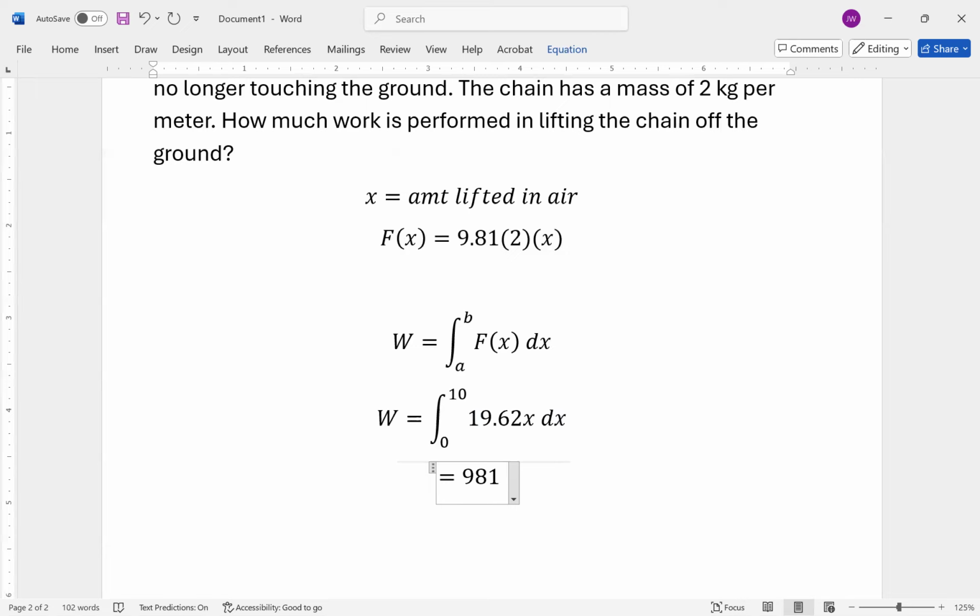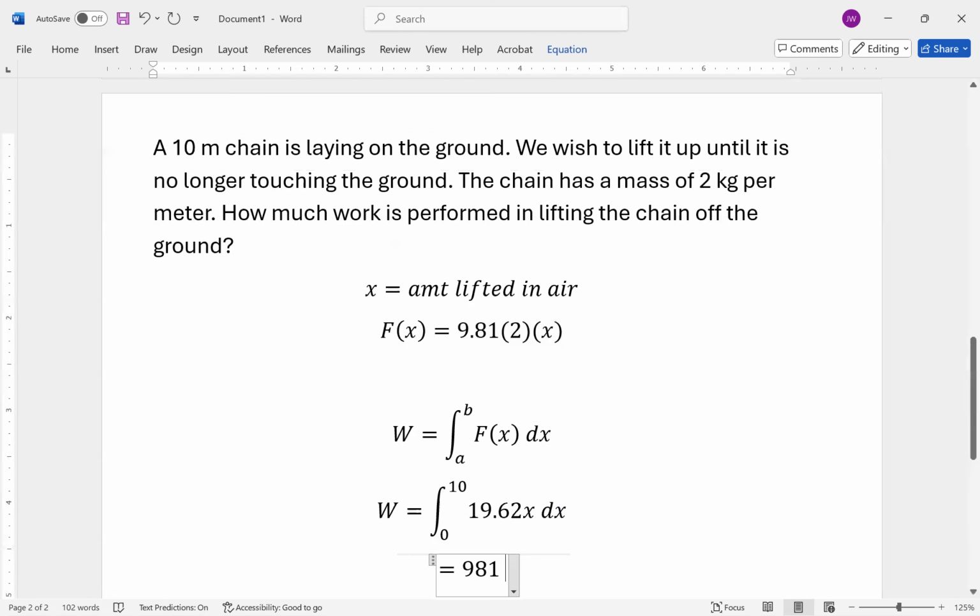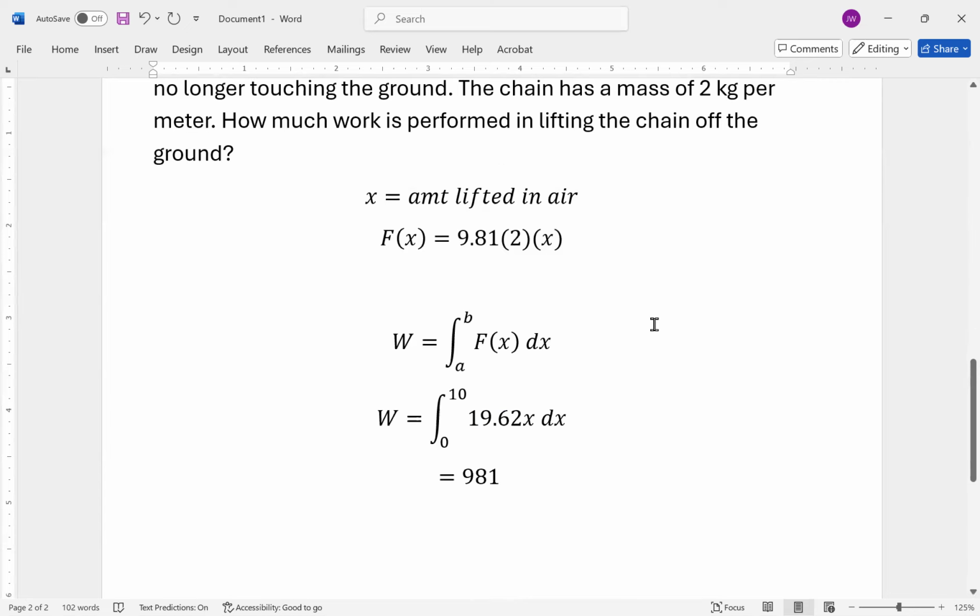Again, this is in Newton meters because we're talking about kilograms and meters, and 9.81 as my gravity constant. When we're talking about the gravity constant, we're talking about meters, kilograms, all that kind of good stuff. Well, technically just kilograms.